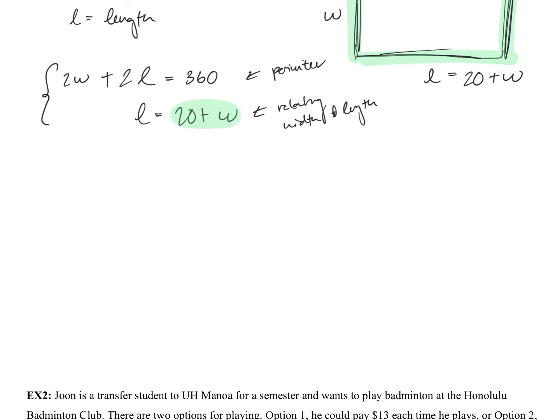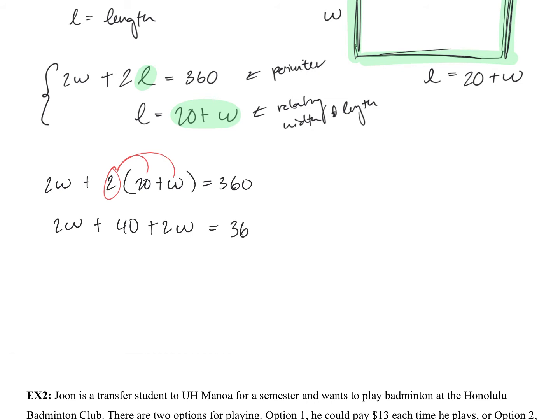So we know that L equals 20 plus W, so I'll go ahead and plug that in. So 2W plus 2 times (20 plus W) equals 360. And 2W plus 40 plus 2W equals 360. Adding the W's together, we'll get 4W plus 40 equals 360.